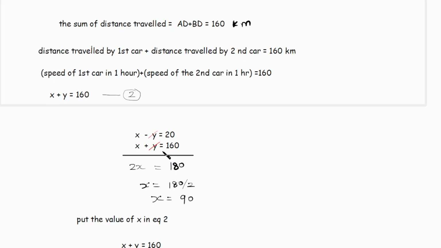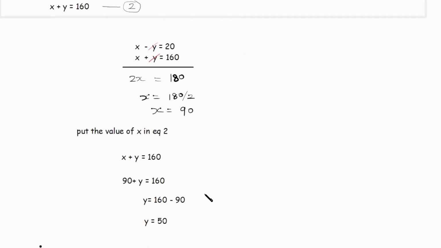When we sum these two equations, we can easily eliminate the y value. So we get 2x after cancelling plus y minus y, and the summation of 20 plus 160 is 180. So 2x equals 180, so x equals 180 by 2. After cancelling, we get 90.